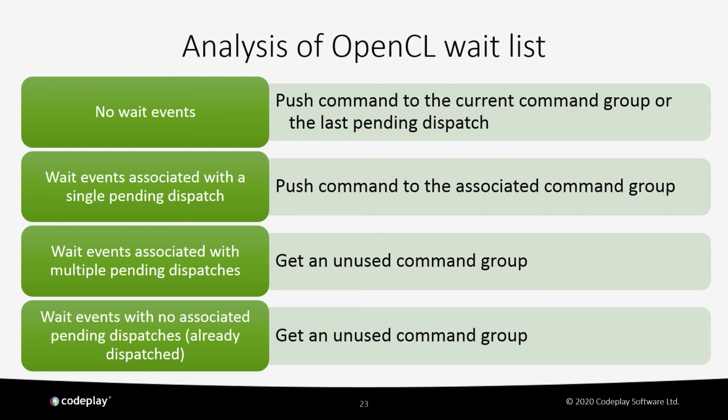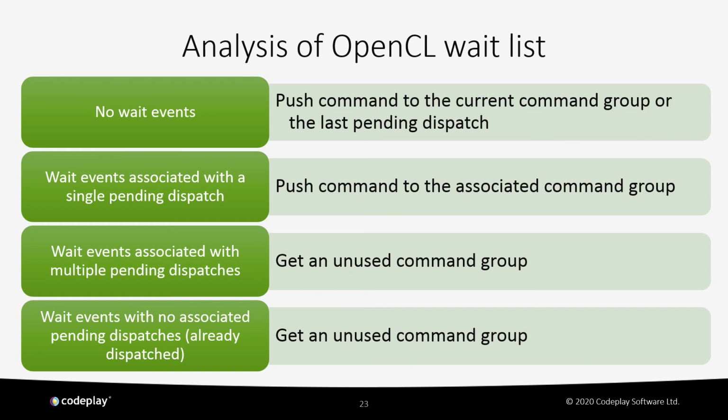However, if the analysis gets a bit more complicated and there are wait events associated with several pending dispatches, or pending dispatches that have already been dispatched, then we just get an unused command group, and that's either newly allocated or one that's already been used but has since been reset and is cached and available to push something new onto it.